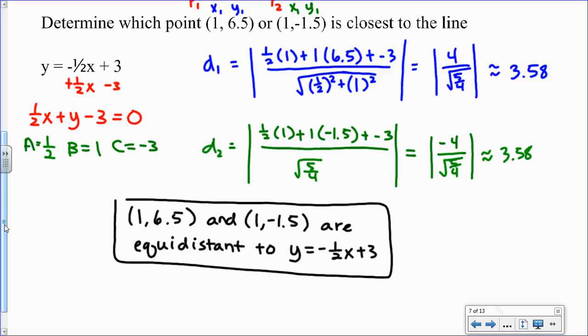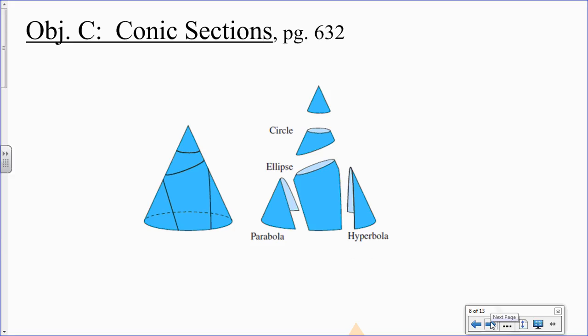Okay, so we're going to discuss the conic sections that we'll be looking at this chapter. So we kind of start defining some of those. They're called conic sections because they come from a cone.